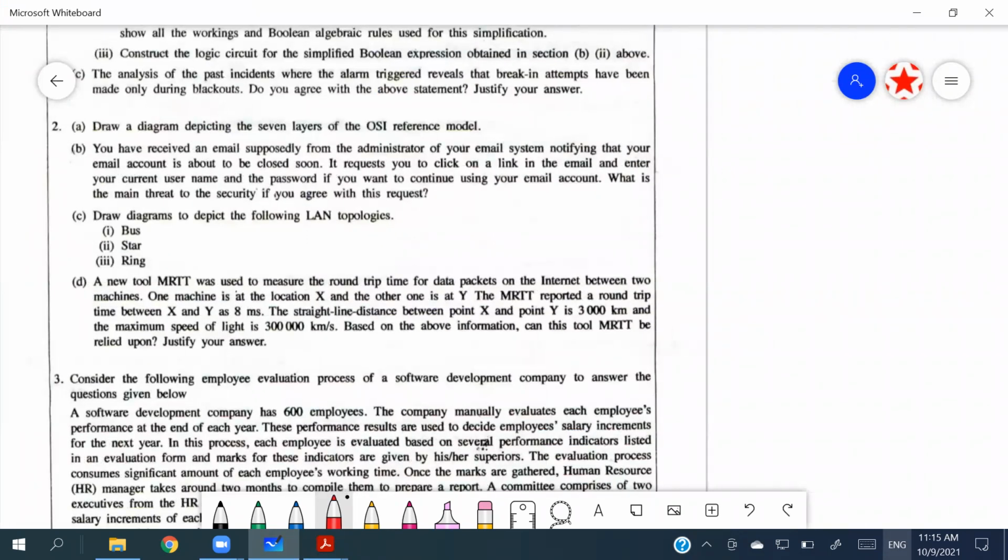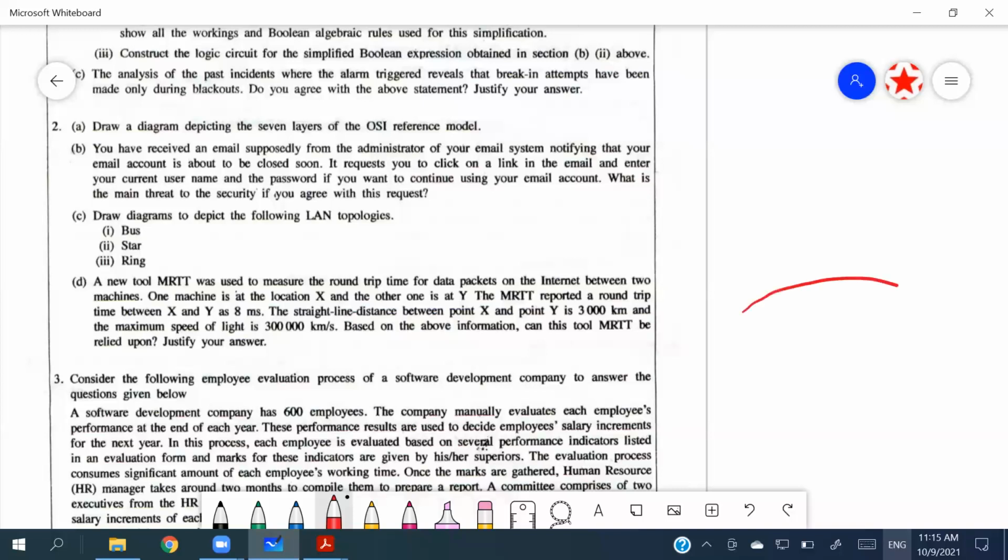A new tool, MRTT, was used to measure the round trip time for the data packets on the internet between 2 machines. Right? One machine is at the location X and the other one is at Y. The MRTT reported a round trip time. You may feel uneasy about this round trip time, but we have talked about it before.